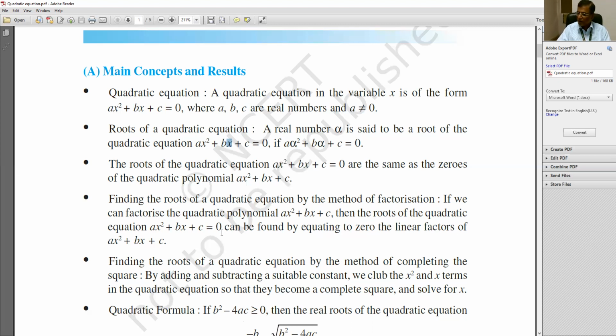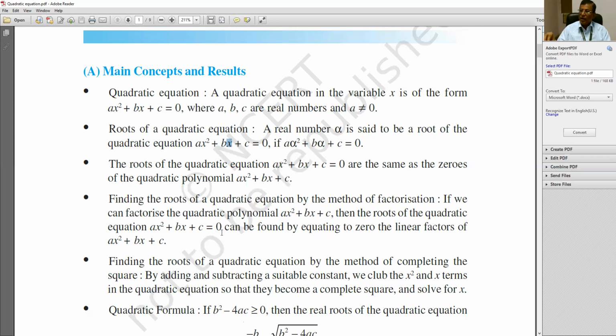I have already discussed that for ax² + bx + c = 0, if you are taking the corresponding roots alpha and beta, then the factorization of ax² + bx + c is given by ax² + bx + c = a(x − alpha)(x − beta).